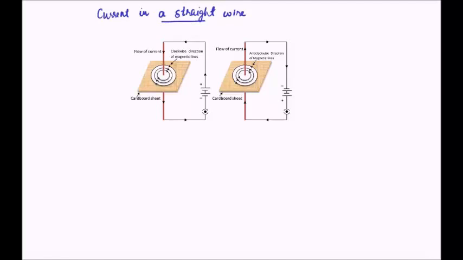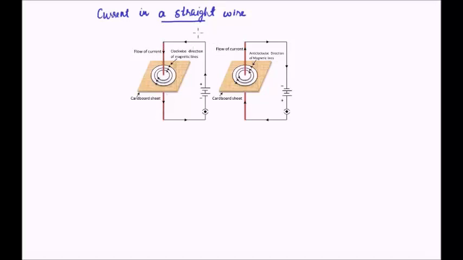Let us now discuss what is the effect of current in a straight wire on the magnetic properties. So for this particular experiment, iron filings are kept on a cardboard which is placed horizontally, and a hole is made through the cardboard, and a straight current carrying wire is passed through the hole.